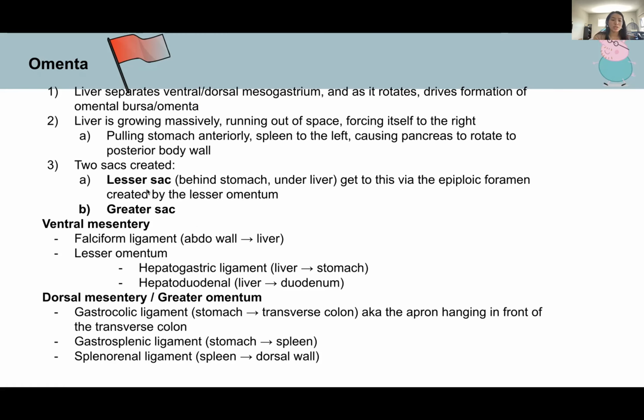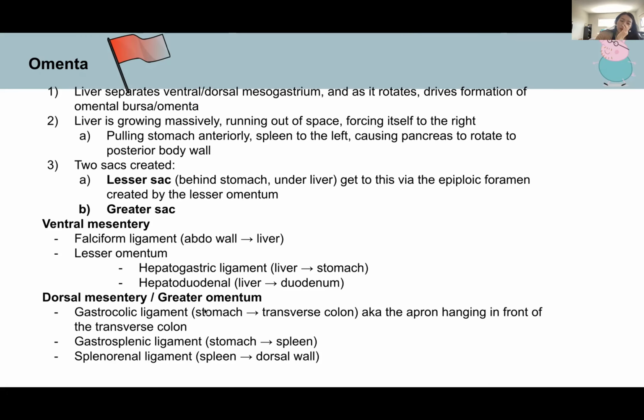So the lesser sac is that area behind the stomach. The stomach is not floating in your abdominal cavity. It's got this mesentery that's holding it up, and the mesentery underneath it. The greater omentum is connected to the stomach and the transverse colon.